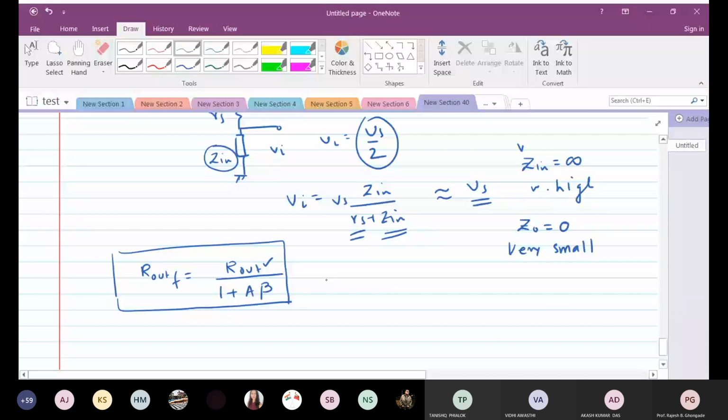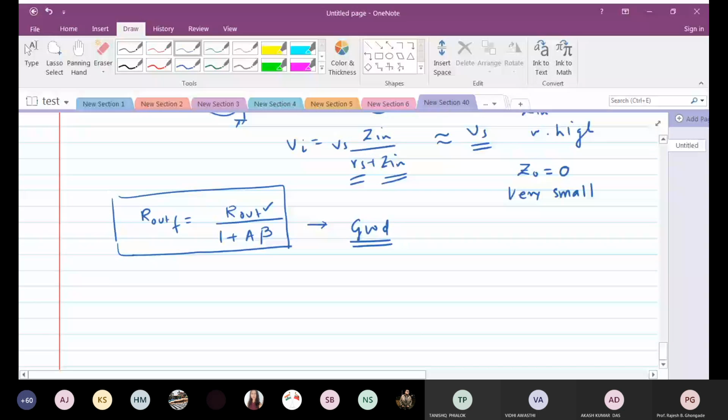Yes. So we have very nice effects of the negative feedback. We have very good effects specifically for voltage amplifiers or voltage series feedback. That is the reason why negative feedback is preferred. Of course, this is not always the case. We don't have enough time for that.